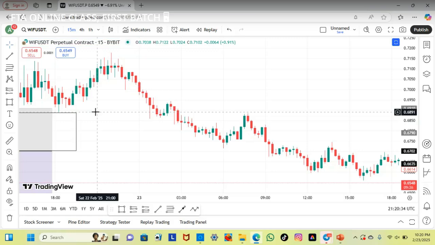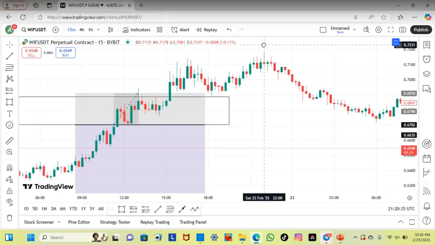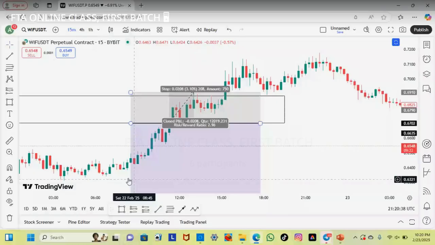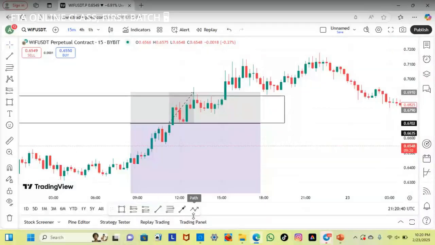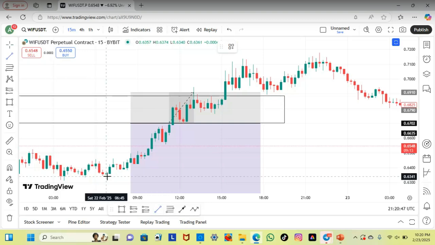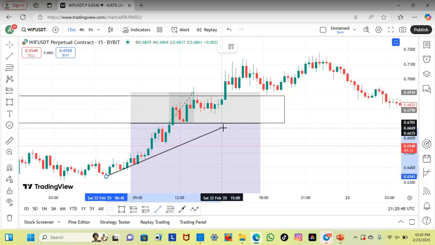So this is the uptrend here. The market moved. You can see the uptrend here. Market moved from here to this place in a what? In a bullish pattern.